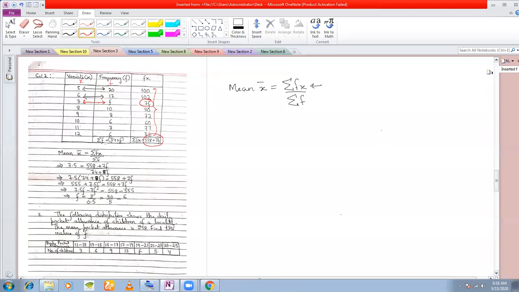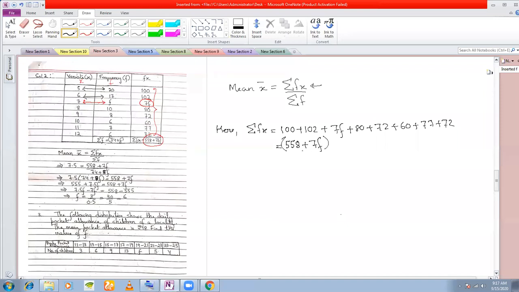So summation fx is equal to all the observations, 100 plus 102 plus 8 plus 7f plus 80 plus 72 plus 60 plus 77 plus 72. You get this as 558 plus 7f.